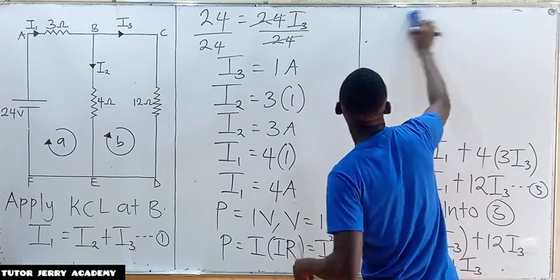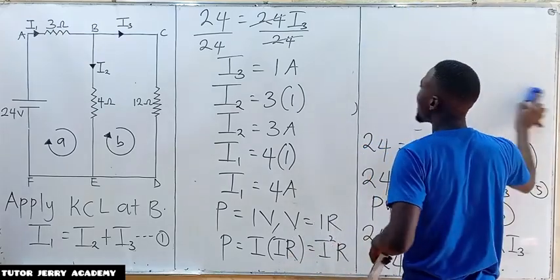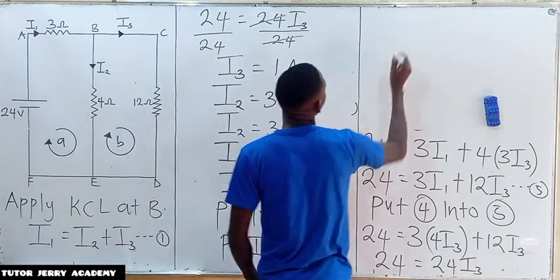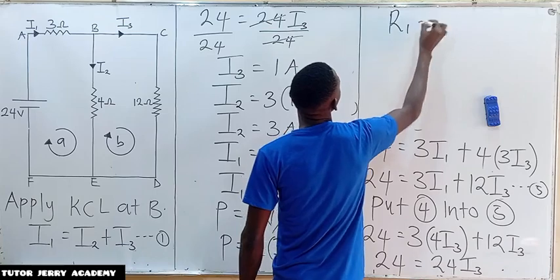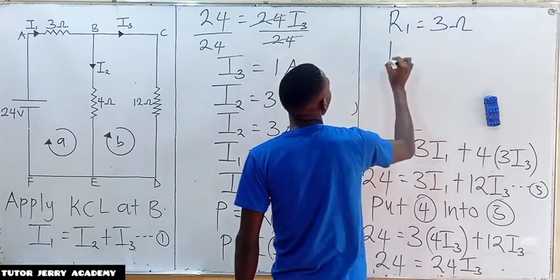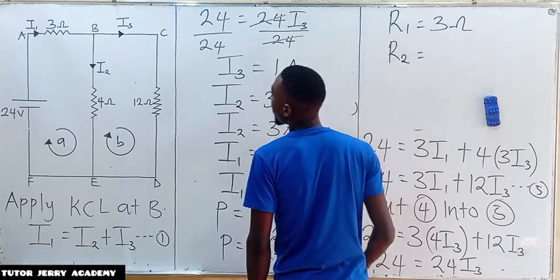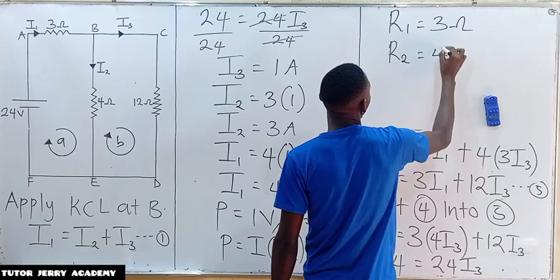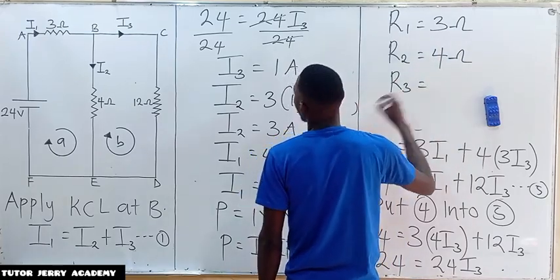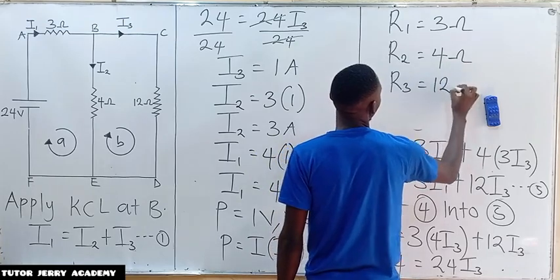All right. Here, we have 3 resistors. So let's take R1 to be 3 ohms, R2 is equals to 4 ohms and R3 is equals to 12 ohms.